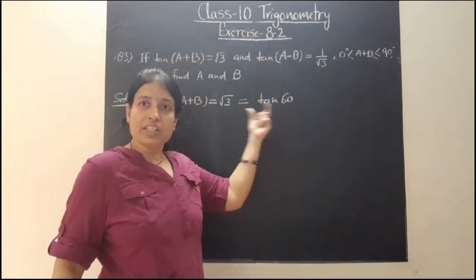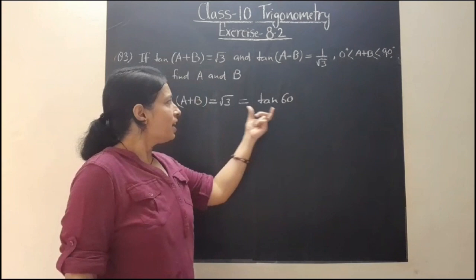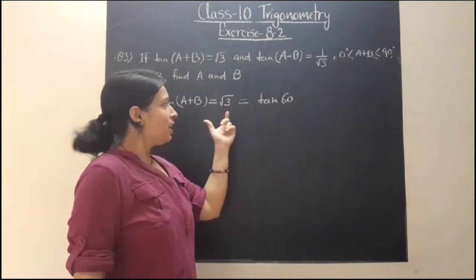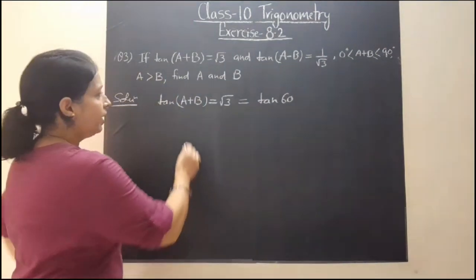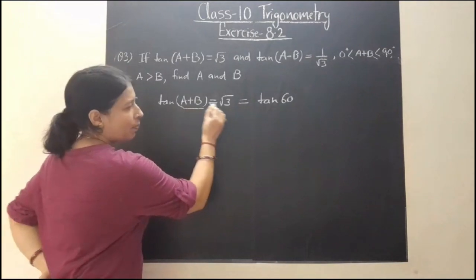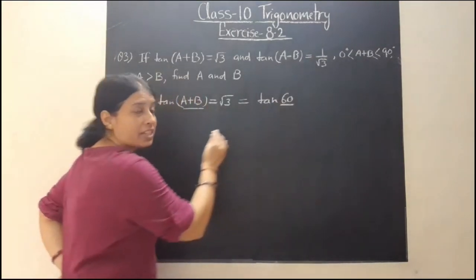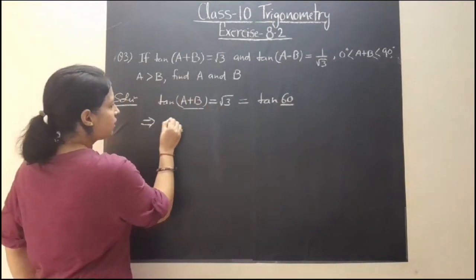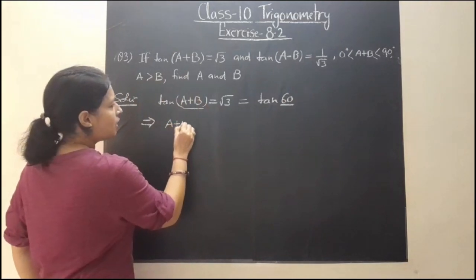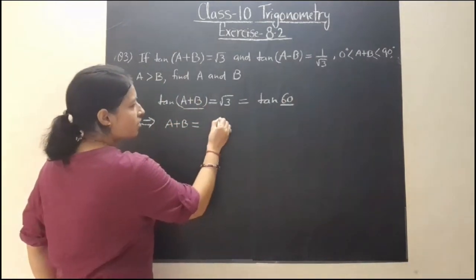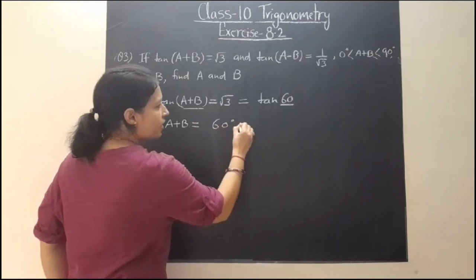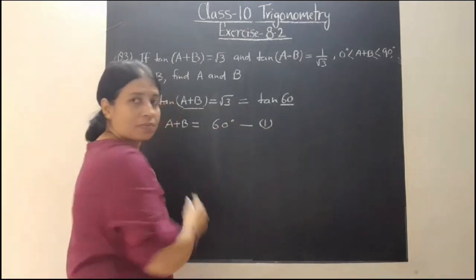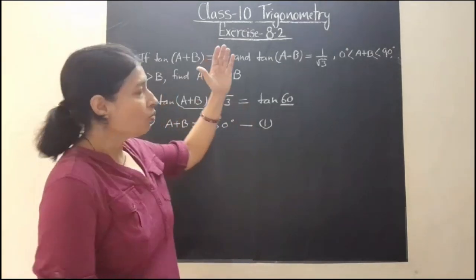Because tan 60 is equal to root 3, we can write here tan 60 in place of root 3. Then we can see here A plus B is equal to 60. So we can write A plus B is equal to 60 degree. This is our first equation.